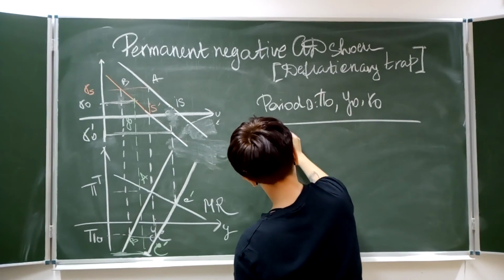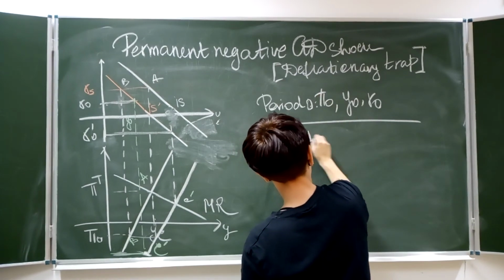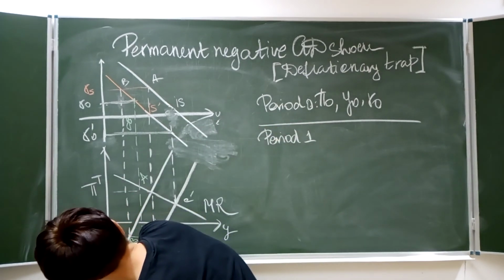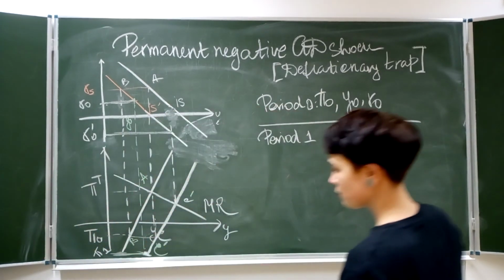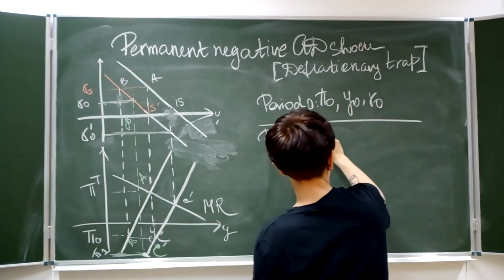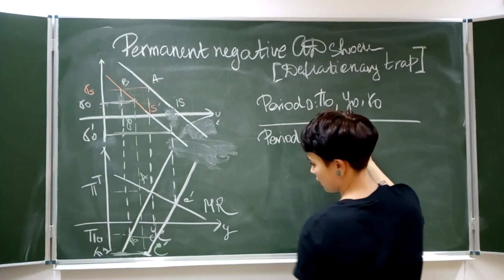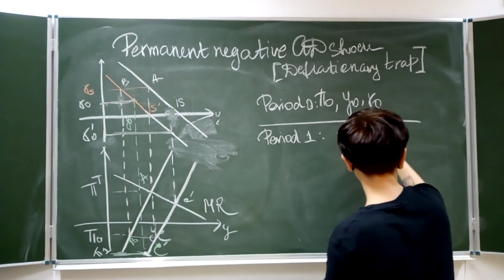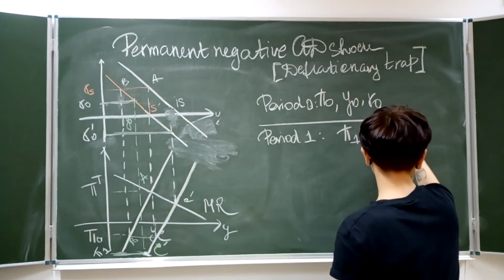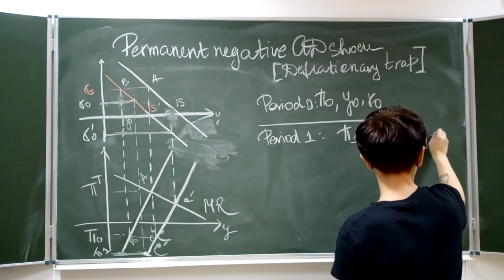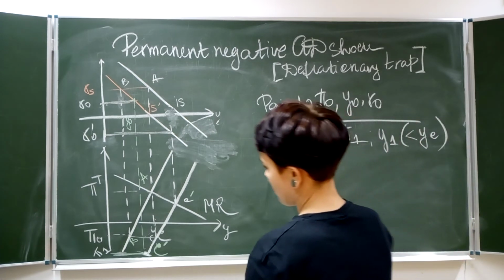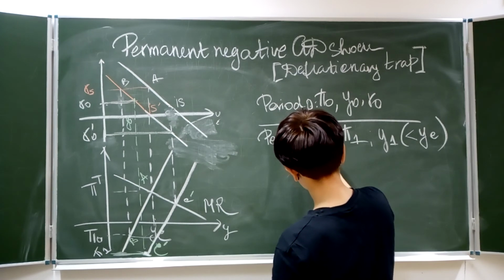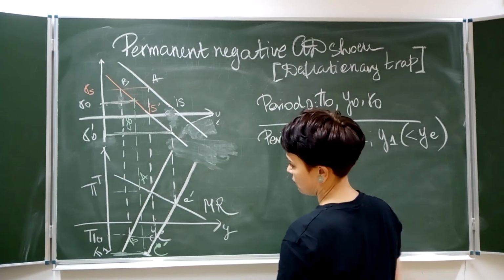So in period 1, this will be inflation in period 1. We will end up with pi 1 and level of output y1. By the way, still over the potential level of output. So pi 1 is even lower than pi 0.